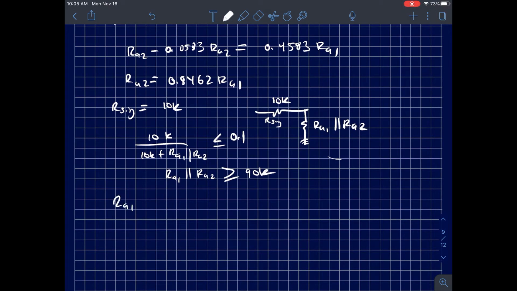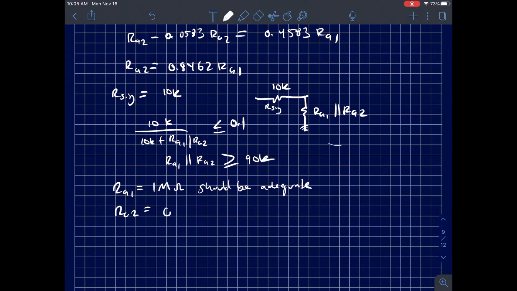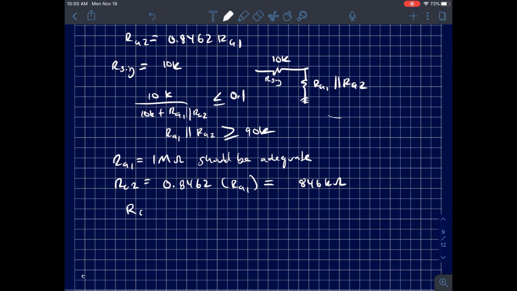So R gate 1 equal to 1 mega ohm should be adequate, because I know that R gate 2 is 0.8462 times R gate 1, which is equal to 846 kilo ohms, and the parallel combination of these two, R gate 1 in parallel with R gate 2, is equal to 458 k ohms, which is sure bigger than or equal to 90K.